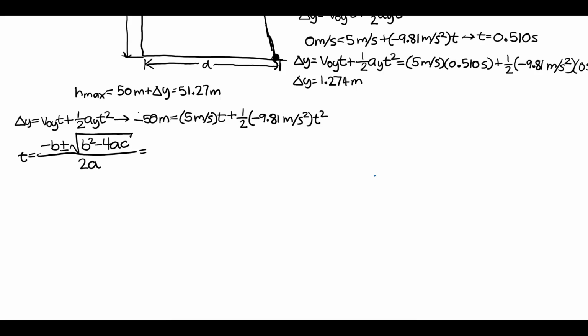Now, our b value is 5 meters per second, so it's negative 5 meters per second plus or minus the square root of b squared minus 4ac.